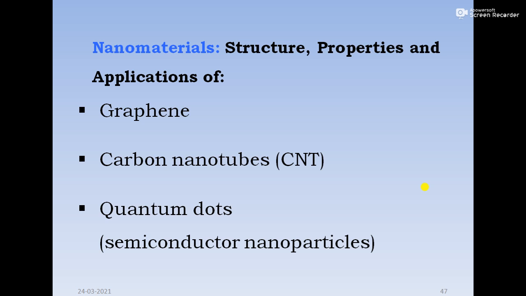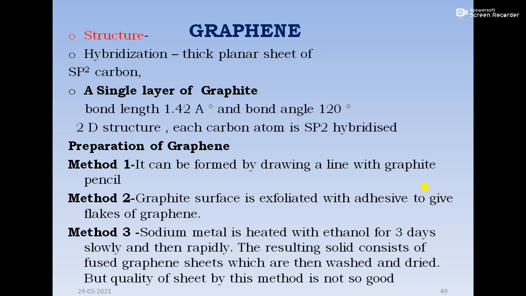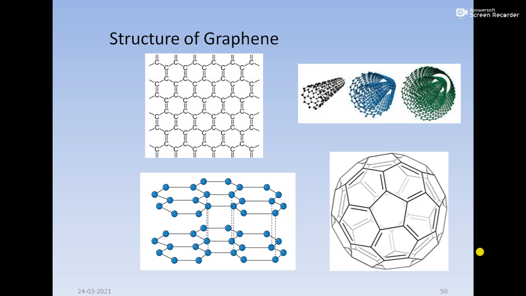So we are going to see graphene, carbon nanotubes and quantum dots. First, graphene. In that we will see structure, properties and application. So what is graphene? As you can see, this is graphite layer 1. Graphite is made up of a number of layers. This is layer 1, this is layer 2. If we take one layer of graphite, then it is called graphene.